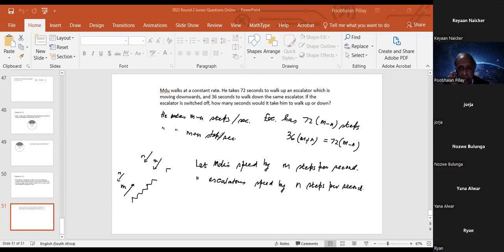It takes 36 seconds to come down the escalator. So the total number of steps it covers is 36 into m plus n. All right, now you got an equation. The 36 cancels. Let's just go down here. What I can do is just erase this thing.